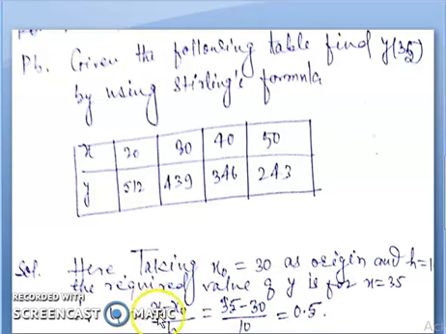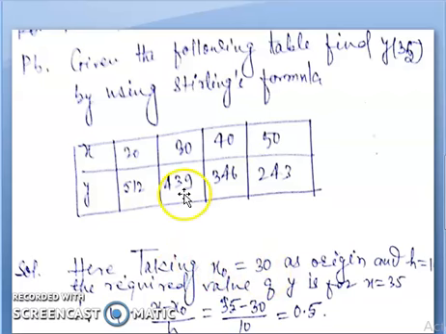So what is u? The formula of u is (x minus x0) divided by h. So u is 35 minus 30, divided by 10, which equals 0.5. It is not compulsory to take x0 equal to 30 as the origin.